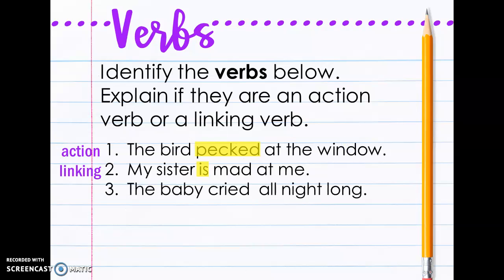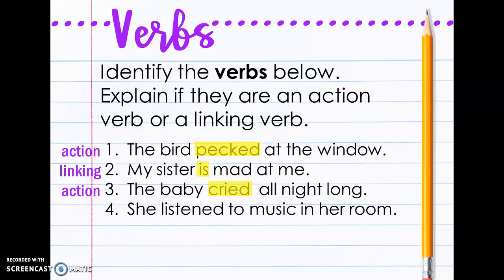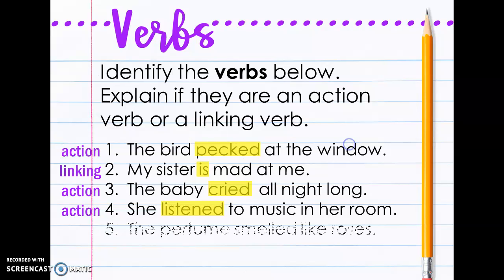The baby cried all night long. The baby cried. That is an action verb. She listened to music in her room. Listened is our verb here, and it is an action verb.